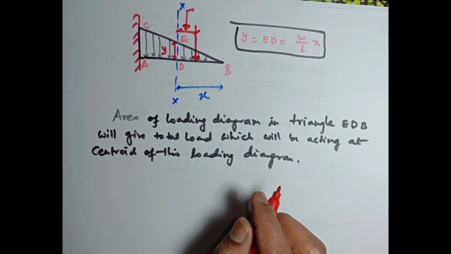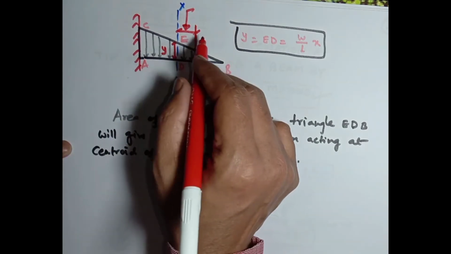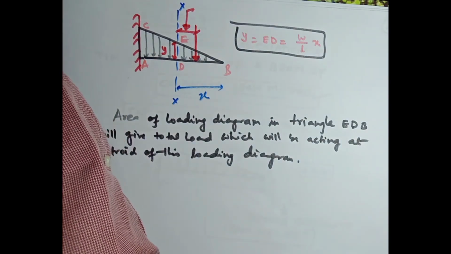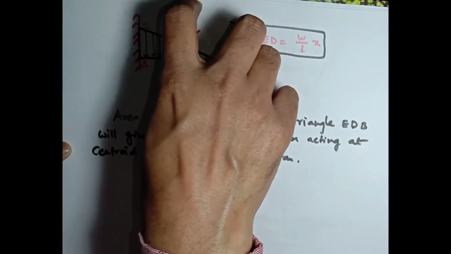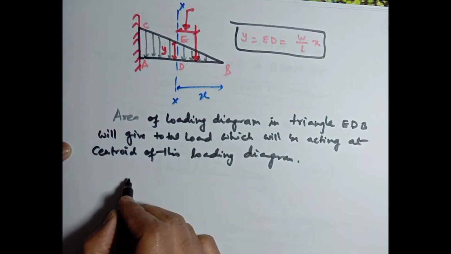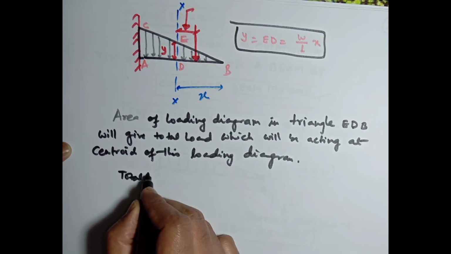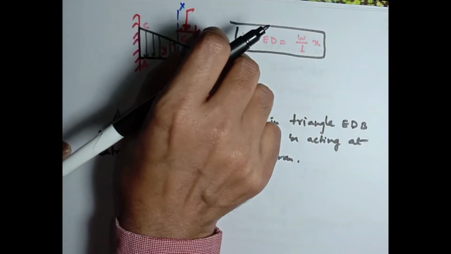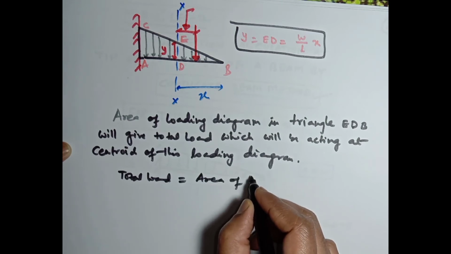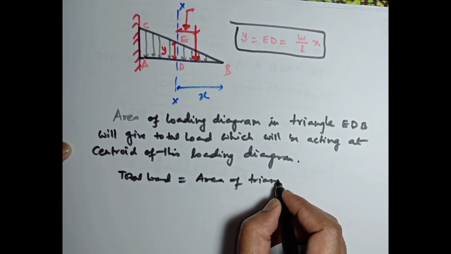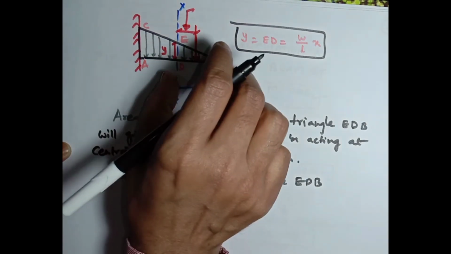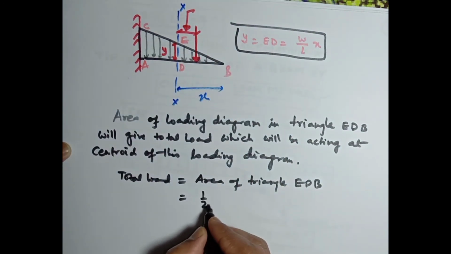Now we are going to find out this total load. Total load will be the area of this triangle EDB. Area of this triangle will be half.